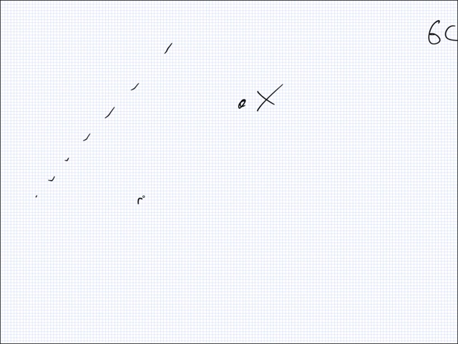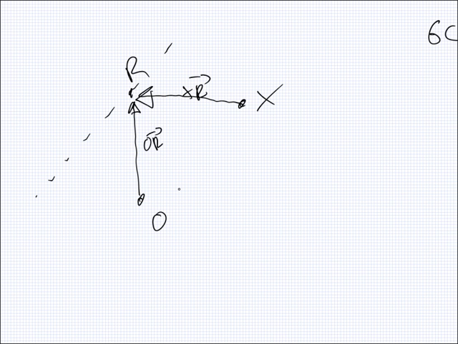Here's X, here's O, and then here's OR, and that's XOR. This is vector X. Is vector X parallel to OR?